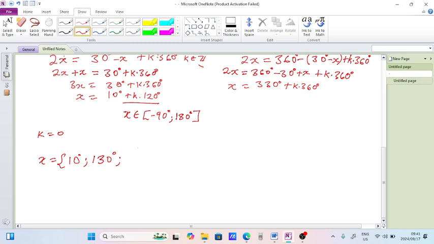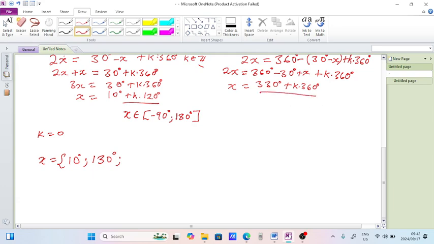So we don't take that. Now if we put 2 here, you get 230, which is outside the interval again. If you put negative 2, 220, then it's outside.